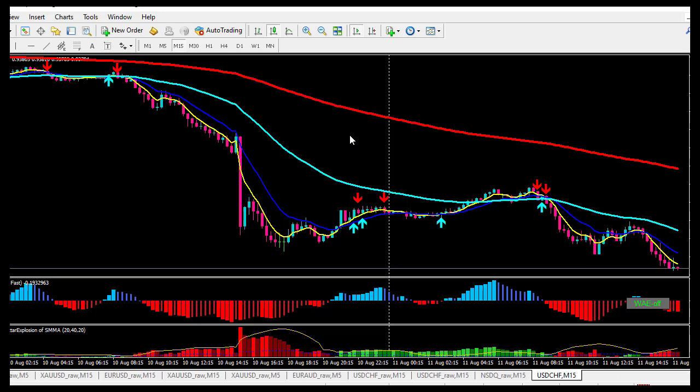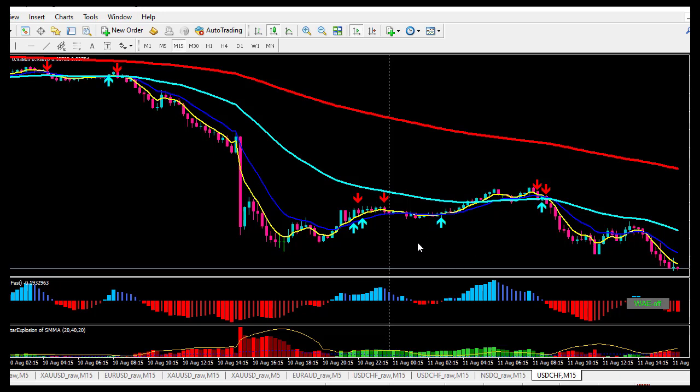This is two strategies combined in one, so I can remove the moving averages and use the remaining indicators, the arrow and this. I only place the moving averages to know the trend, so that I will not trade against the trend. And if I want to trade against the trend, I will not be looking for many pips. I will just scalp against the trend, and make sure you always trade the trend.